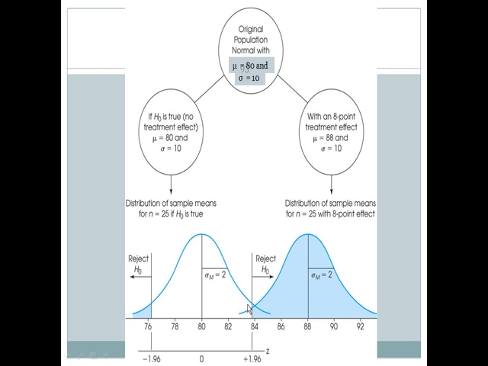Now, if we are setting up the null hypothesis test with reference to the population mean equal to 80, that means that whether or not the null hypothesis is true, or there's an actual 8-point treatment effect, we're still using the null hypothesis testing approach from the perspective of the distribution on the left. If the null hypothesis is true, the part that's shaded in white, we would determine that there is no significant difference.